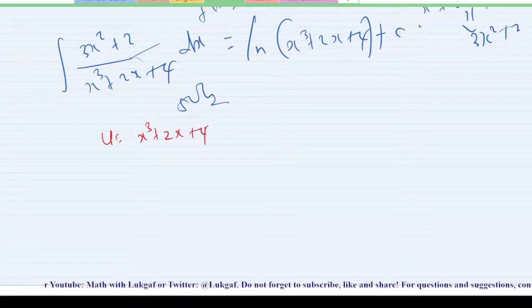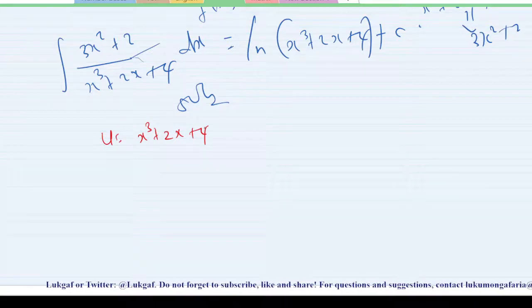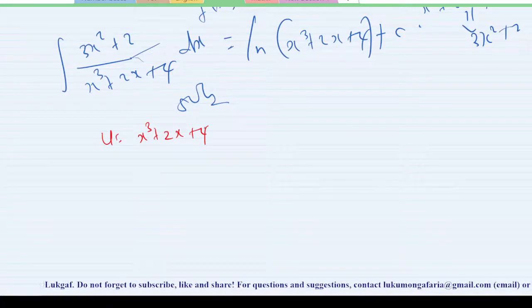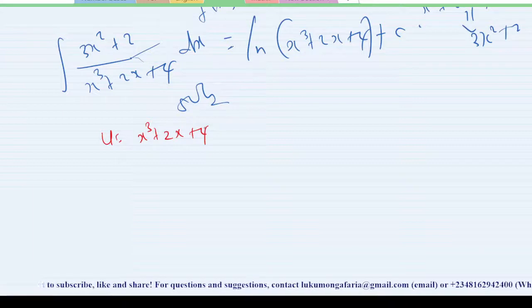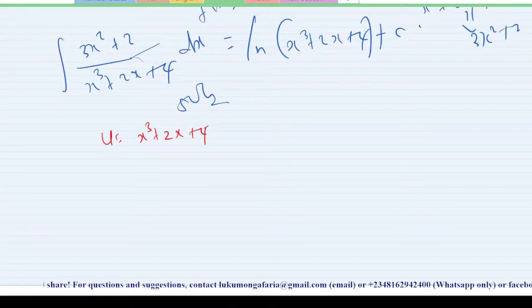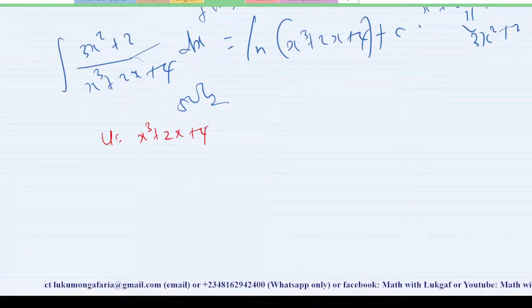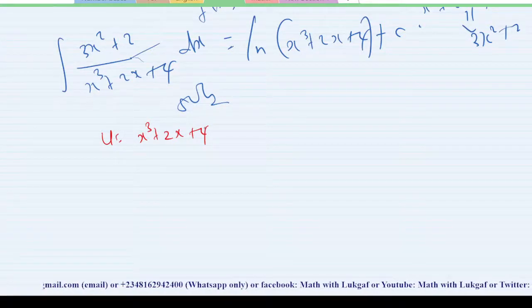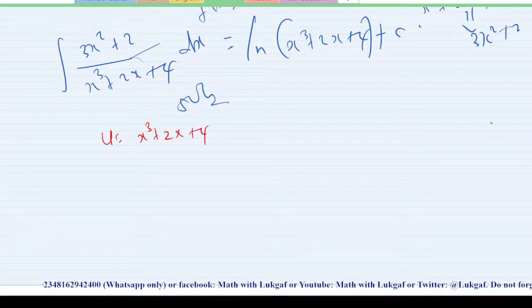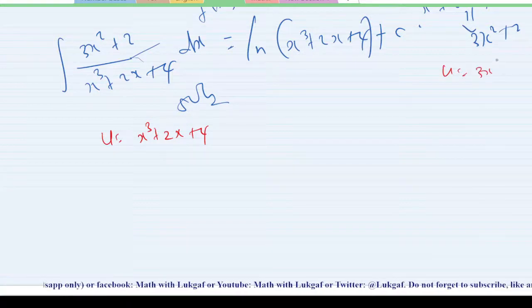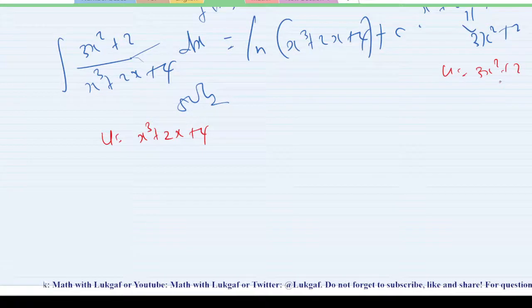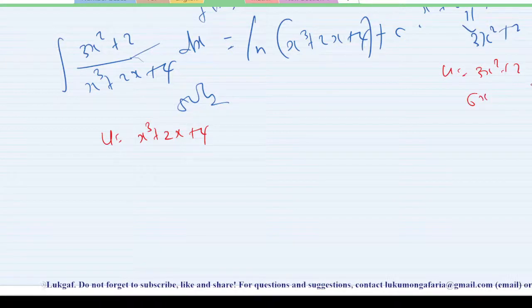To know your u here, think of the one such that when you differentiate it, you are going to have the other function directly. You will notice that if I take u to be the numerator, u equal to 3x squared plus 2, it doesn't make any impact, because the derivative of 3x squared plus 2 will give me 6x. You understand now? And that cannot cancel this out.